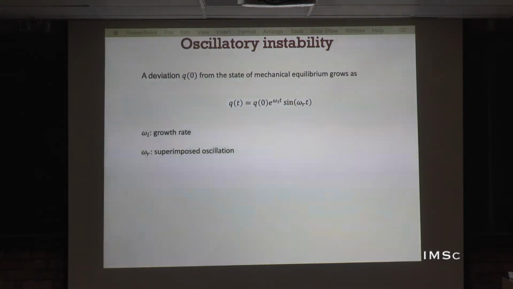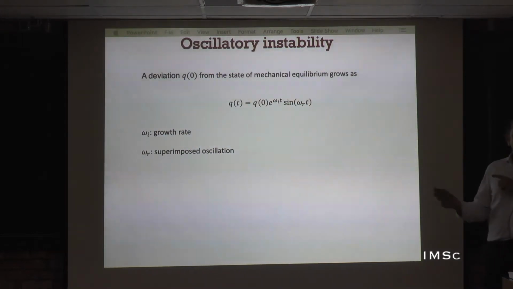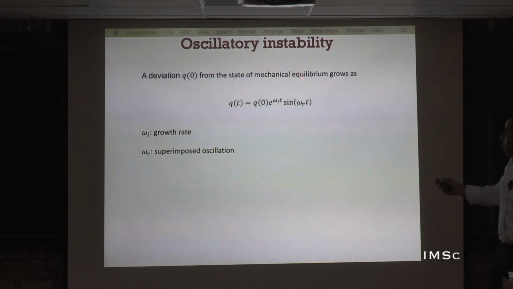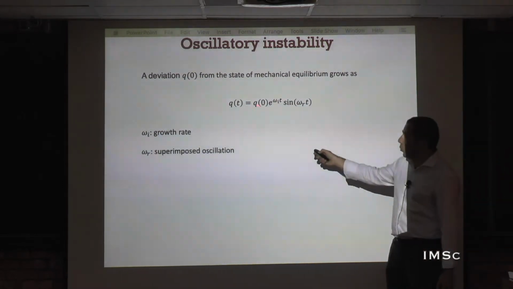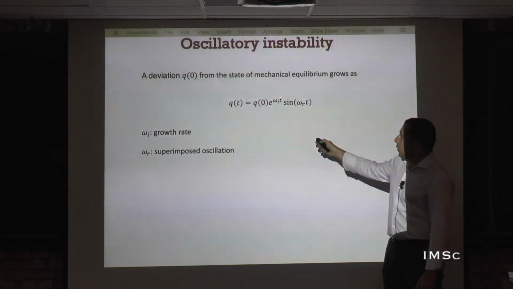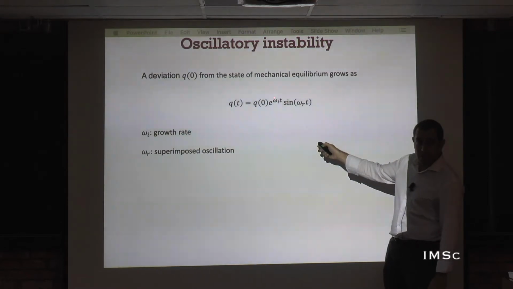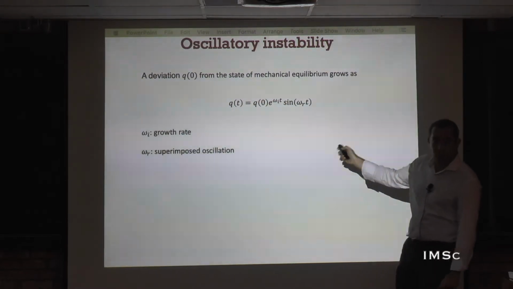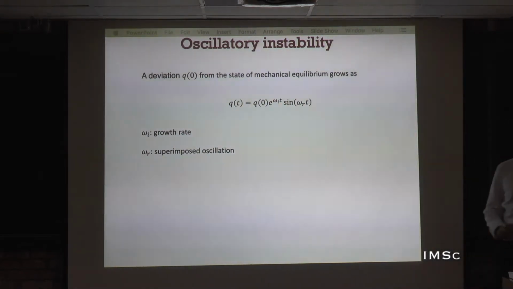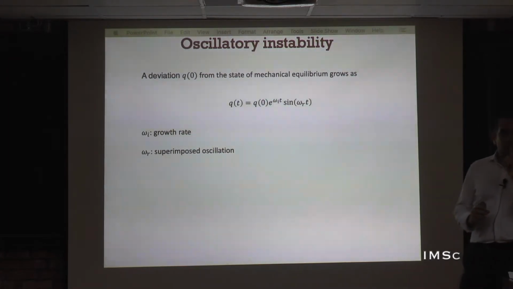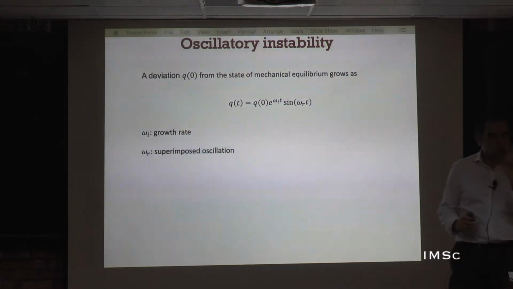Okay, so the upshot of the discussion is that if you follow the evolution of the system, the two complex eigenvalues give rise to solutions of this kind, in which any perturbation Q0 grows with an amplitude like this, and it's also oscillating with sine omega t. Notice that if you have a complex eigenvalue, you also have the complex conjugate.